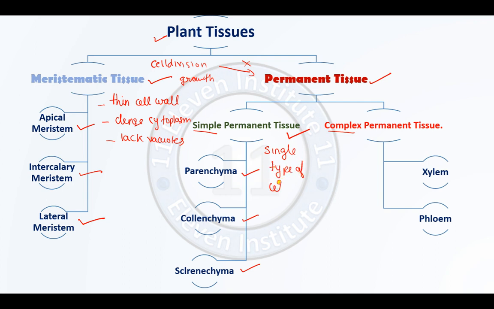In complex tissue there is more than one type of cells. So today we will discuss parenchyma, collenchyma, and sclerenchyma. Before that, we will see a few figures given in the textbook.